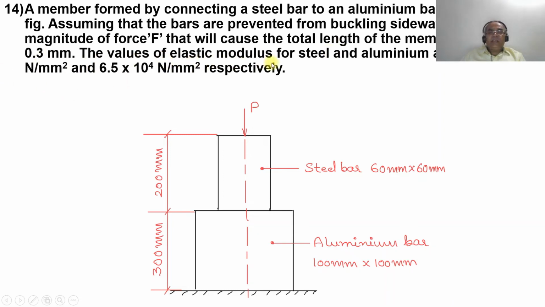The values of the elastic modulus for steel and aluminium are 2 into 10 to the power of 5 Newton per mm square and 6.5 into 10 to the power of 4 Newton per mm square respectively. Why he says buckling sideways has been prevented, and also the length only decreases by 0.3, so this is under compression. The load applied is under compression. So we need to calculate the value of force P.